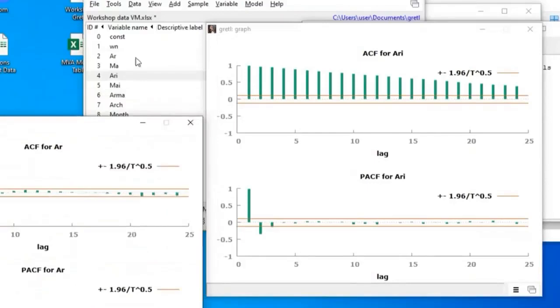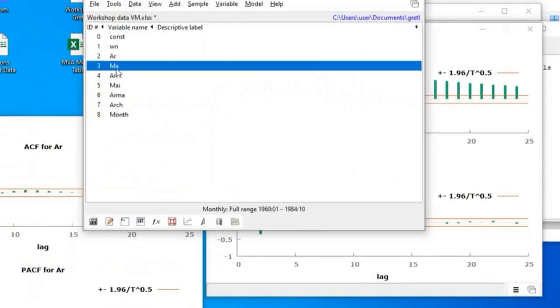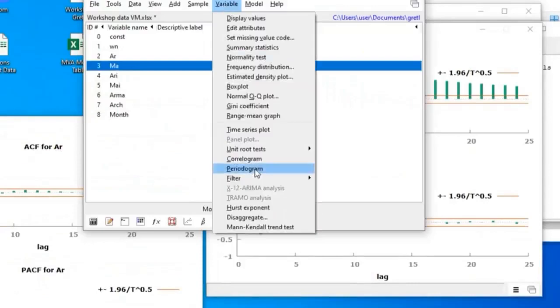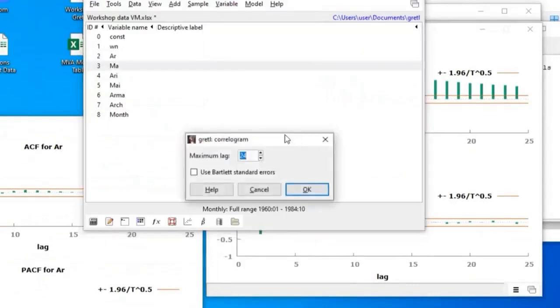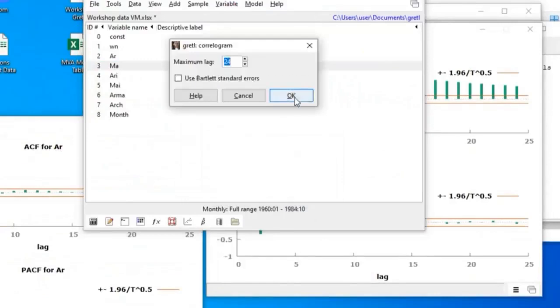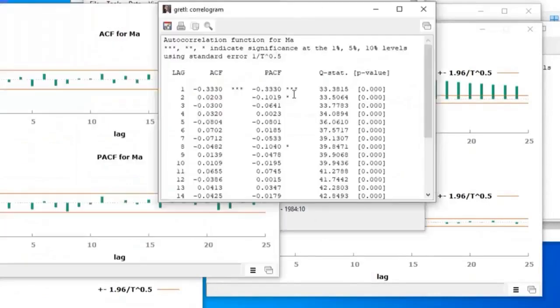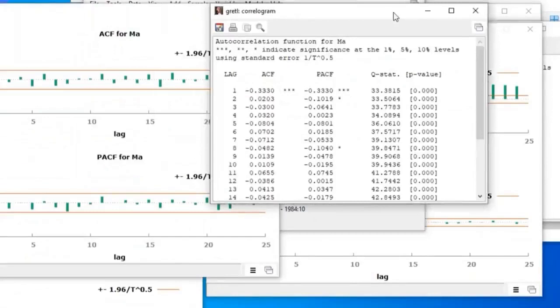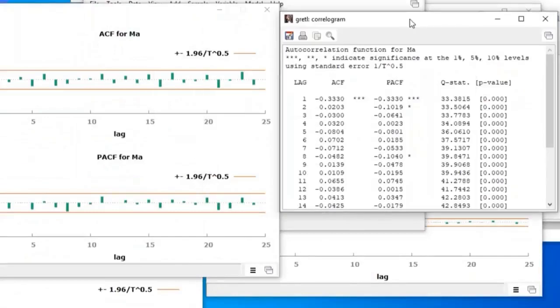Now let us take this third variable. Go to the variable, then correlogram, 24 lags, okay. And here we have the case. The first ACF is significant. Similarly, in the PACF, the first one is significant.